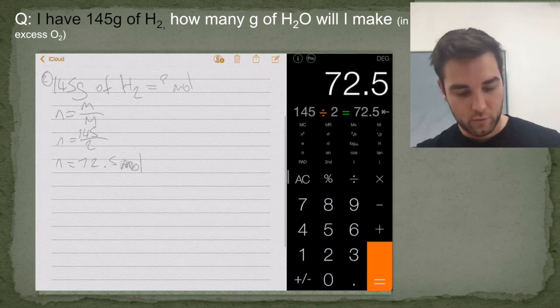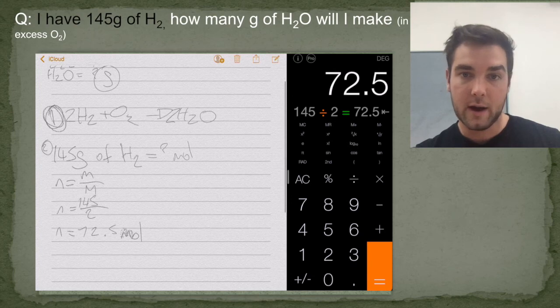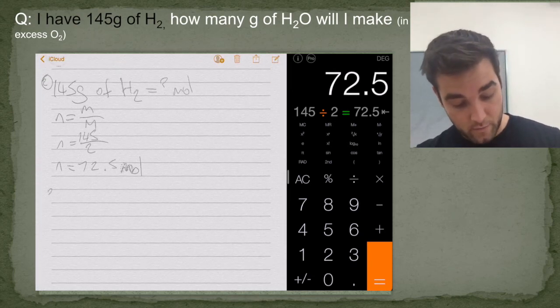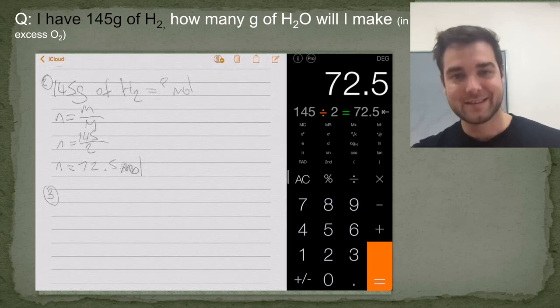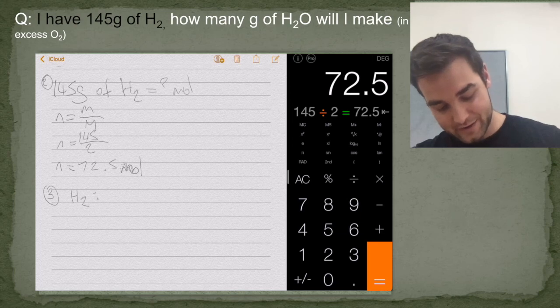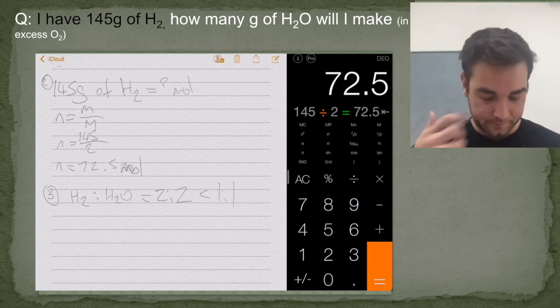Next step, let's do our mole ratio. So I want to know how many grams of H2O I will make. Well, you can really easily work this out yourself. H2 to H2O is 2:2, which is 1:1.